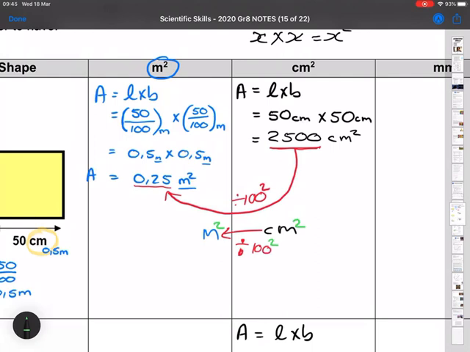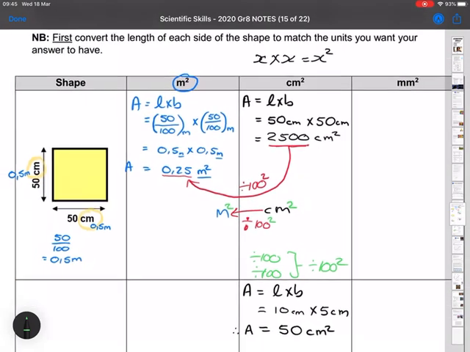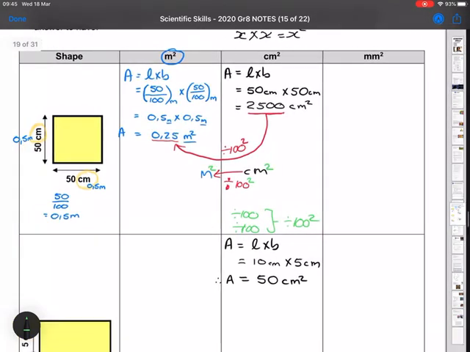If you divide by 100 and then by 100 again, it's the same as just dividing by 100 squared. So make a little note of that. Alright, pause the video if you need more time. When you're ready, then continue.